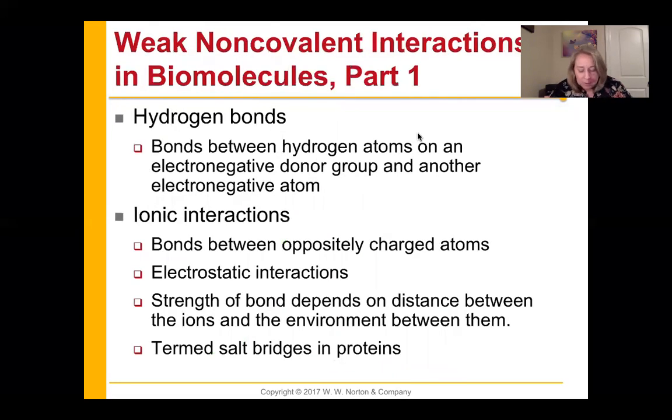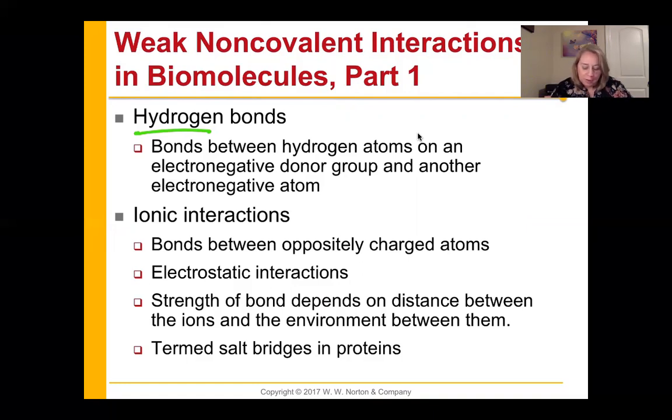So there are 4 types of weak non-covalent interactions. We've talked about one, hydrogen bonding, right? So this is always going to be between hydrogen atoms on an electronegative donor and then another electronegative atom. And we talked about this. Okay, so ionic. Ionic bonds are between oppositely charged atoms. We know this.